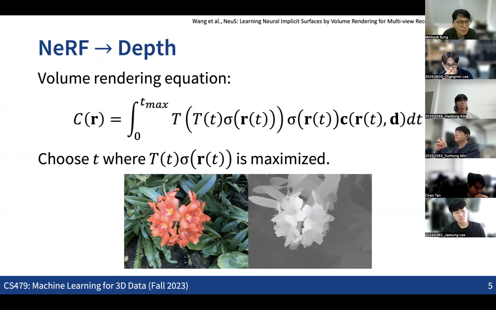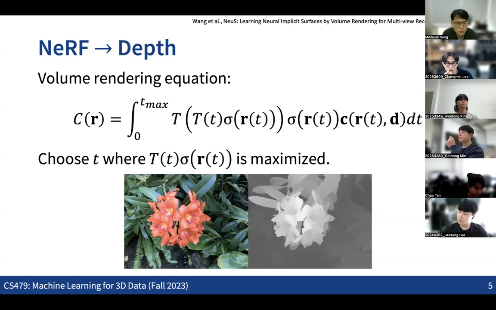So based on this probability, measuring the likelihood of the termination of the ray at the point, if we find the point which gives the highest probability of termination, we can choose that point as the depth. So that can be the simplest way that we can convert the NeRF representation into depths.